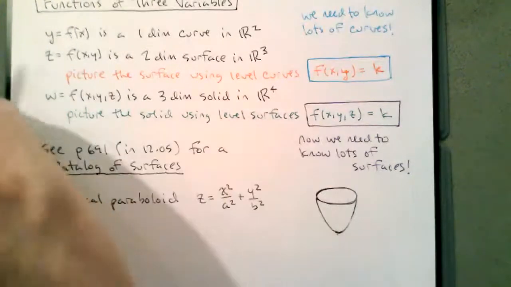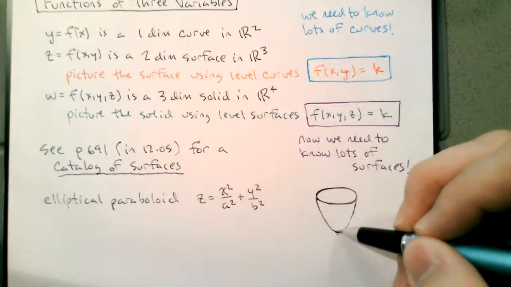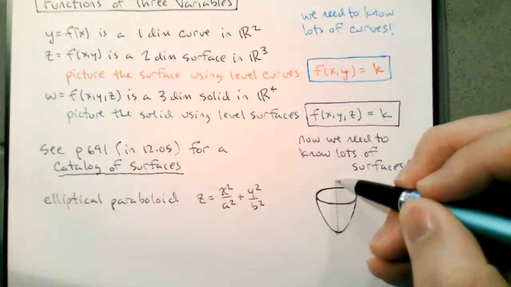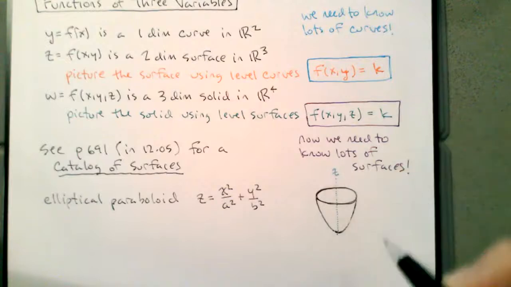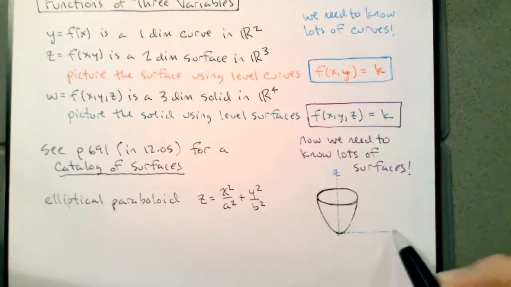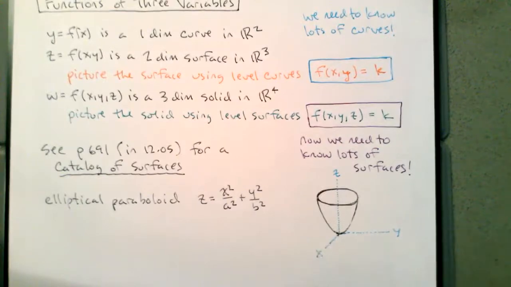In this case, since z equals x squared plus y squared, the z-axis is going to be the vertical one. And then the y-axis and x-axis are going to be in their standard places.